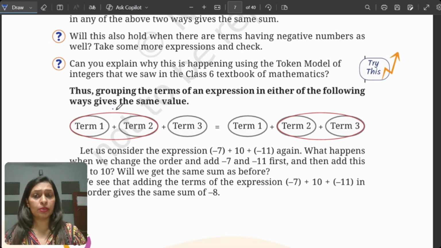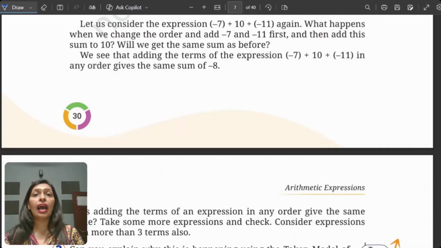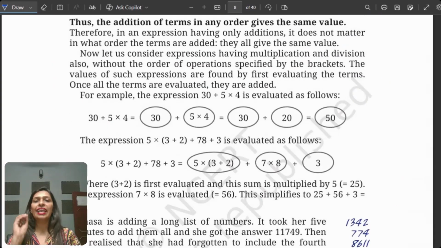So term 1 plus term 2, whatever answer came up, we added to the third one. Or else we can work in this way, that I added the second and the third term, the answer came, I added to the first term. And you will observe that in both the cases I'm going to get the same result. The answer is going to be the same, and this is workable for addition.